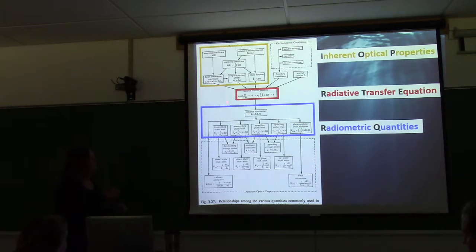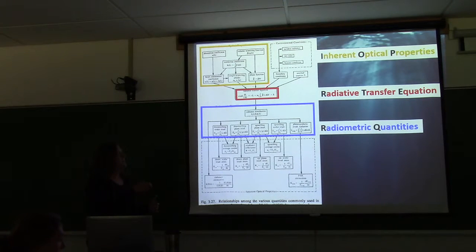We describe that in a forward sense with the radiative transfer equation. That process, which allows you to measure the properties of the constituents of the ocean and then predict what the light field looks like via the radiative transfer equation, is what Hydrolight does.